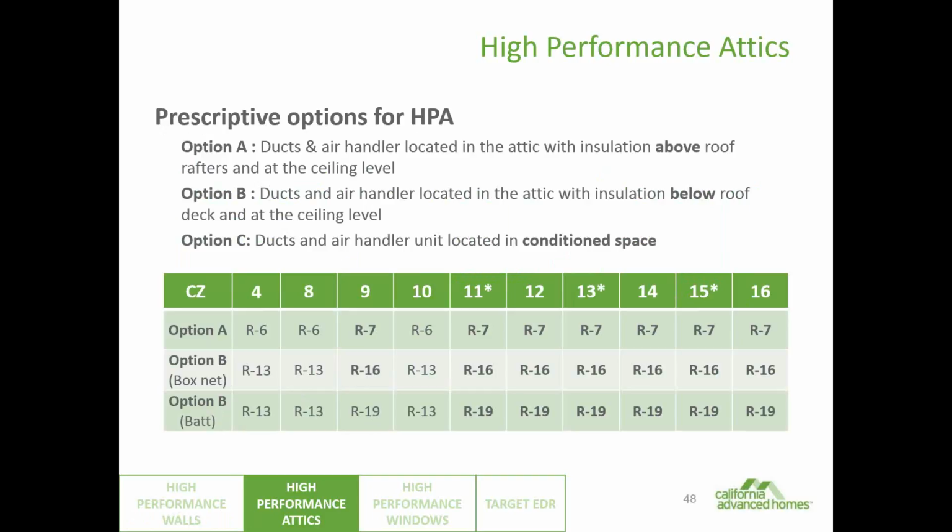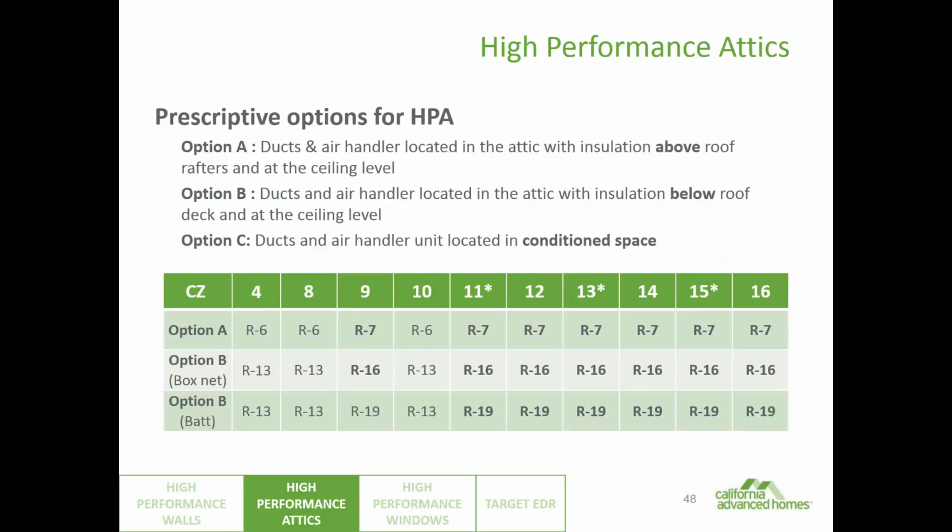That's if you're doing the high performance attics option B with batt insulation. But if you do the box netting, and I don't even know if that's a trademarked thing of Owens Corning's, you don't have to put as much insulation there. What this is taking into account is that you're getting the thermal break when you do box netting.